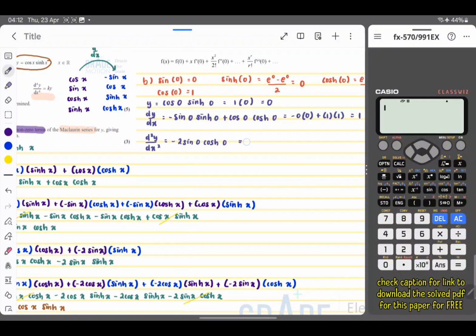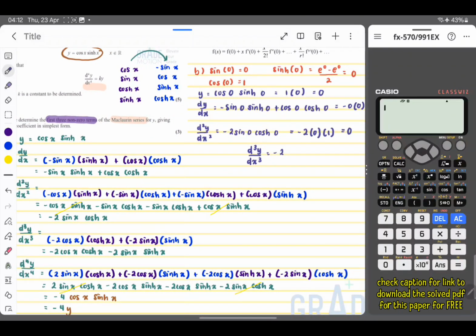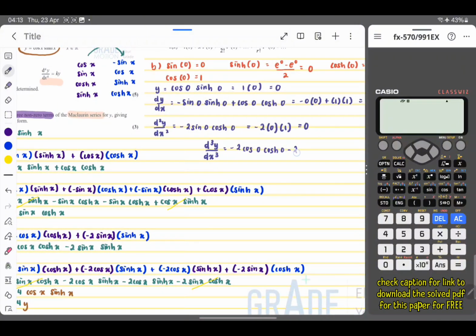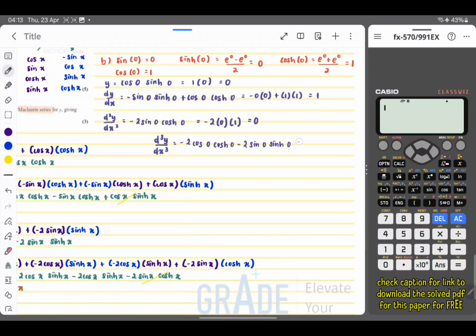So this is equal to negative 2 multiplied by 0 multiplied by 1, which is equal to 0. The third differentiation, d3y/dx cubed, equal to negative 2 cos 0 cos 0 minus 2 sin 0 sin 0. So we will have negative 2 times 1 minus 0, which is equal to negative 2.